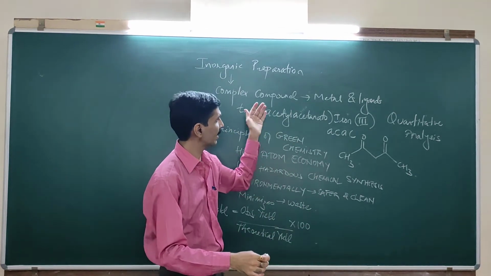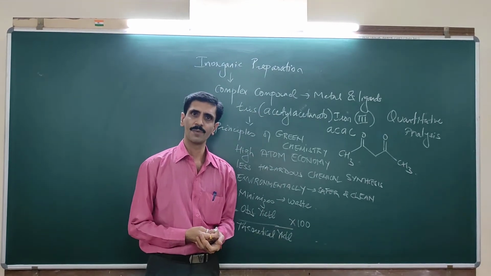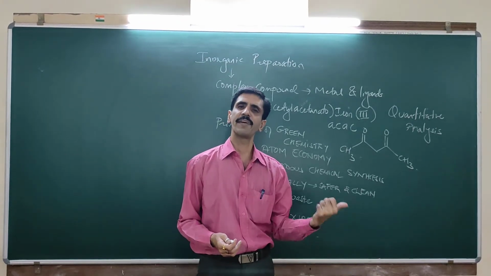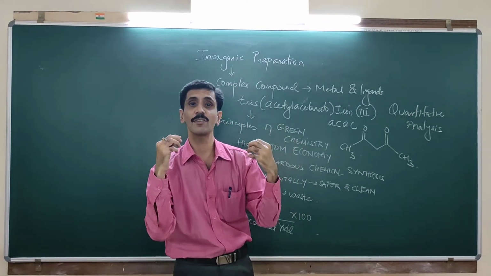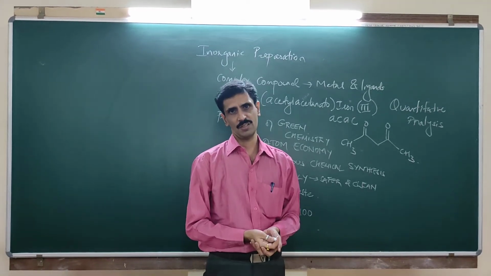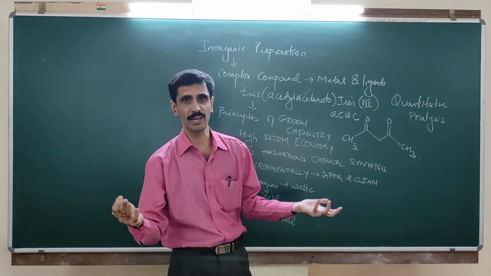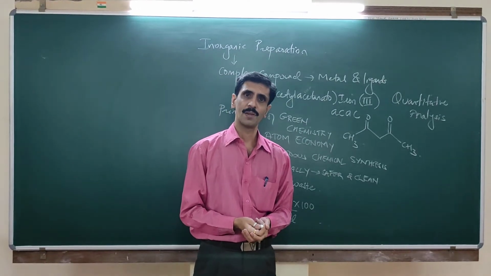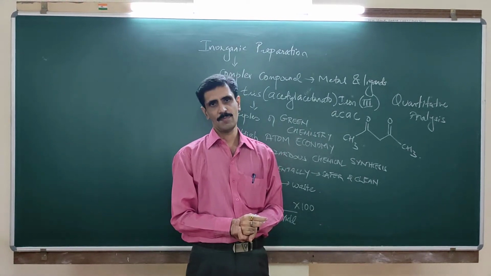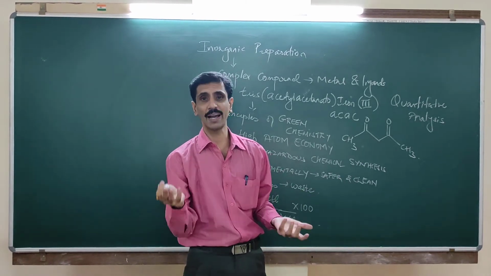So there are various uses of this complex which we are synthesizing. Some of the important ones I will make you understand. The first one is they are used as effective catalysts in many organic reactions, that is polymerization, chlorination, that is halogenation, etc. In pigments, they are used as color stabilizers because the color has to be stable to heat and to light.